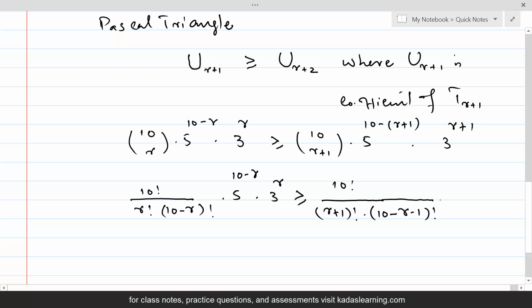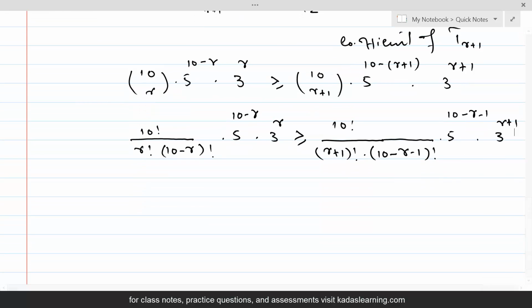And for power of 5, we have 10 minus r minus 1 times 3 power r plus 1. And now we will cancel out whatever we can cancel on both sides. This 10 factorial gets cancelled with 10 factorial on the other side.